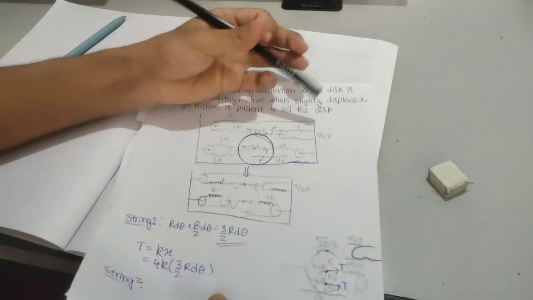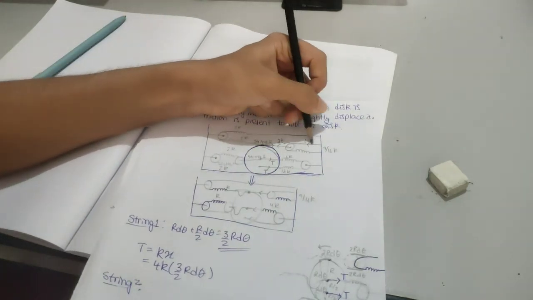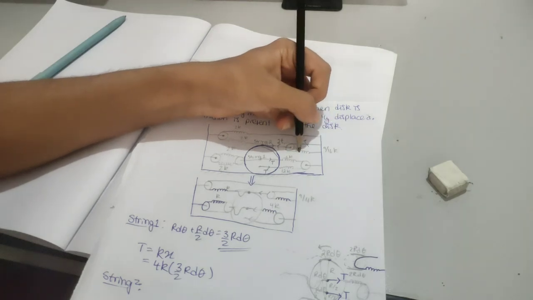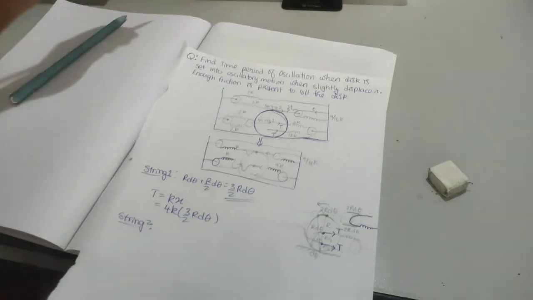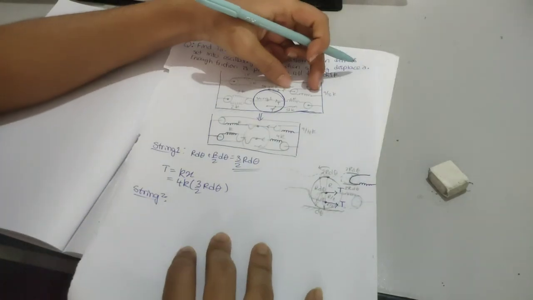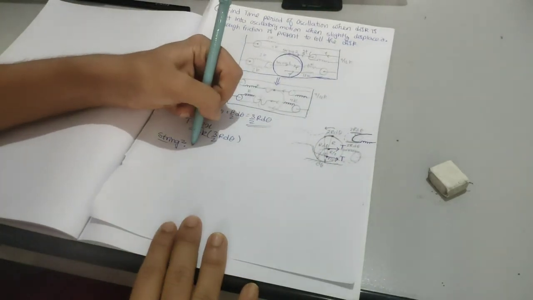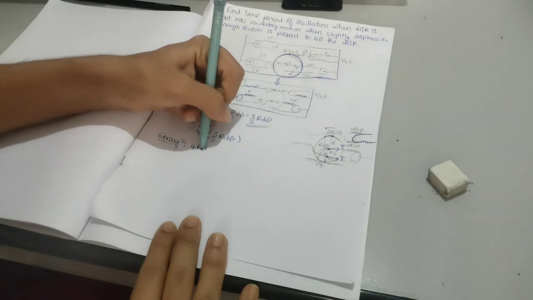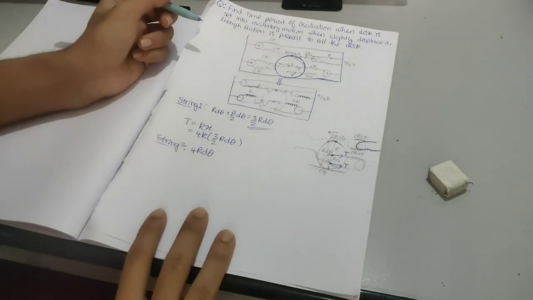And when I say string 2 over here, for the time being I mean this string, but later you can assume that string 2 applies to the other string, but for now it's the string attached to this pulley. So the total elongation is going to be 4 r d theta, because 2 r d theta here, 2 r d theta here.